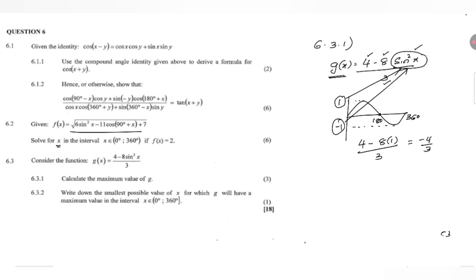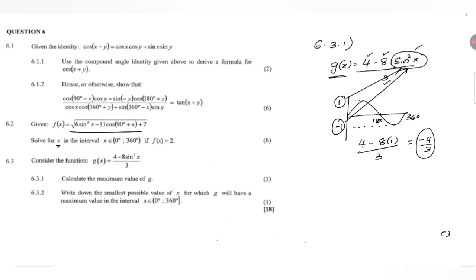If you substitute the maximum or minimum value of sine, square it and substitute, you will get the same answer, minus 4 over 3.